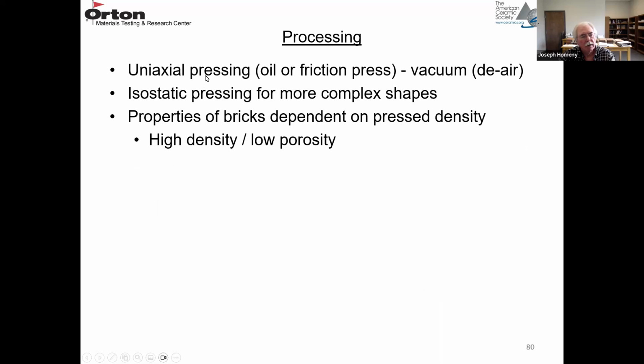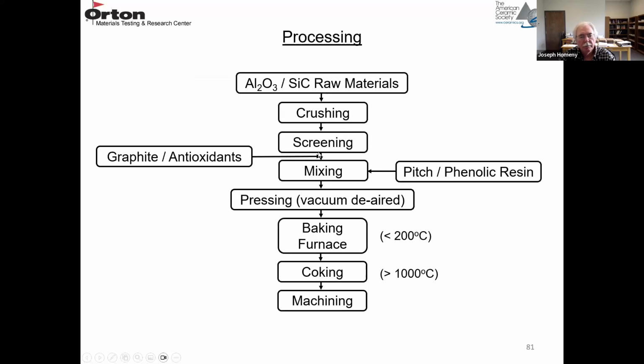These are either uniaxially pressed or isostatic pressed. And again, maximum density is desired, so they're pressed under a vacuum. And again, they're trying to achieve high density, low porosity to give the best performance of these materials.